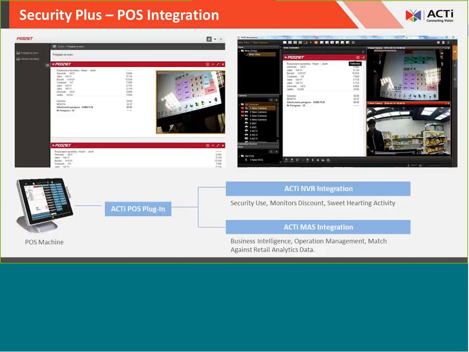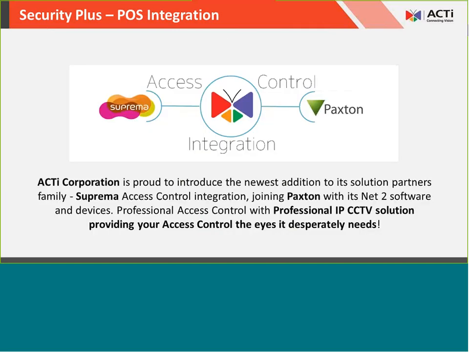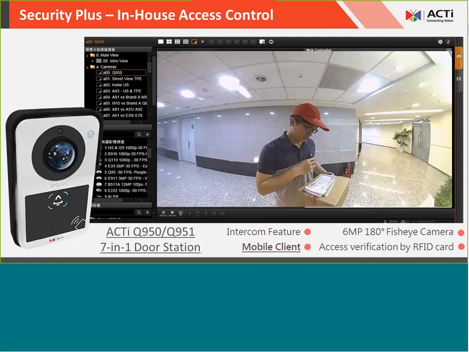Okay, so post integration, I'll just skip it. Access control, I also mentioned it already. And the Q950 is the one that we've been demoing before. So right now we got the car. I think our conversation was whether this can support the SIP function, to be used as a real intercom camera.